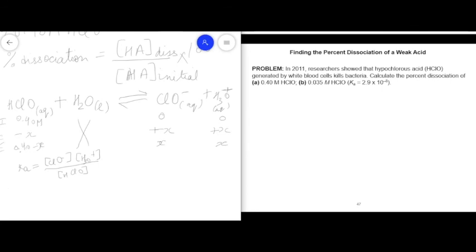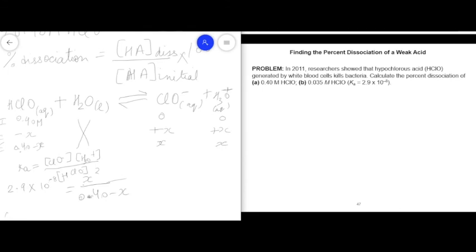Ka is 2.9 times 10 raised to power minus 8 equals this right here. So we'll plug in the values. ClO minus is x, H3O plus is x. So it is going to be x squared divided by HClO, which is 0.40 minus x.